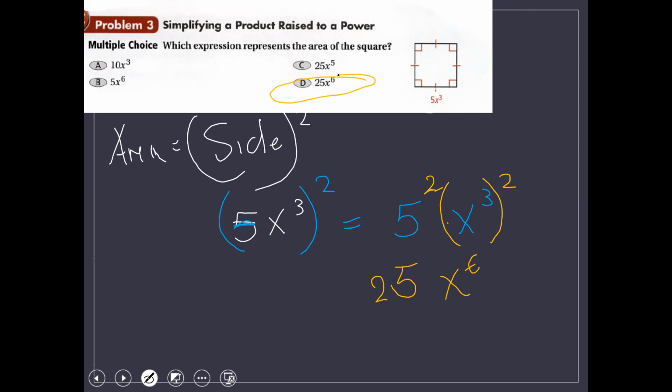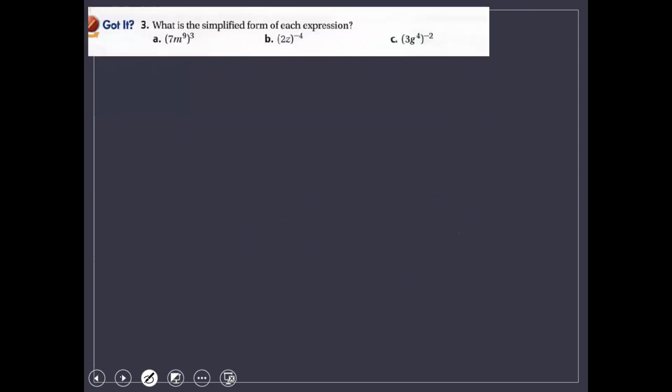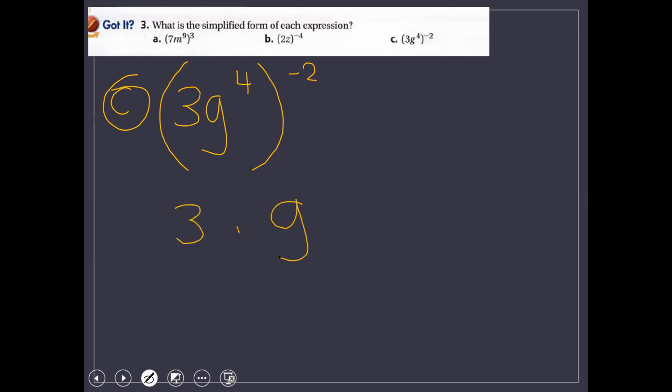Okay, let's now do C. In C, we have 3g to the power 4, raised to negative 2. So now I will distribute it: 3g to the power 4, then I will put negative 2 here and negative 2 here.